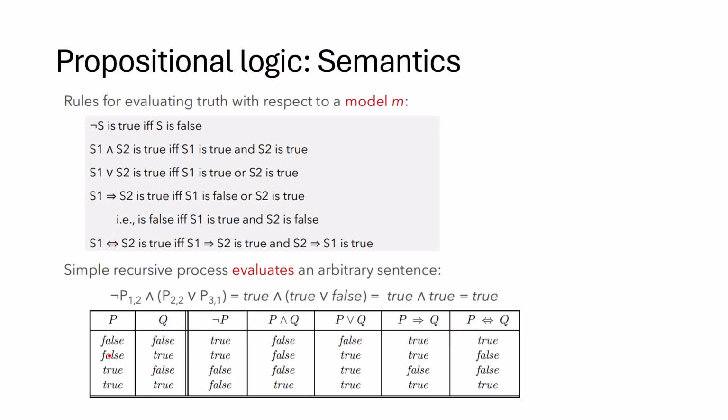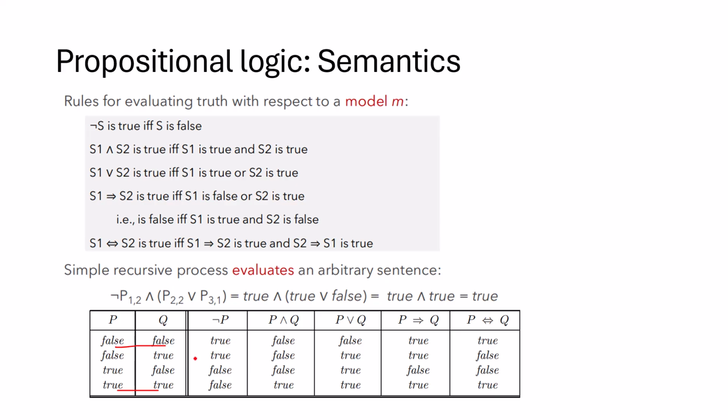For two variables p and q, there are 4 possibilities. Both can be false, both can be true, or one false and the other true. Negation p will be the opposite of whatever p's value is.